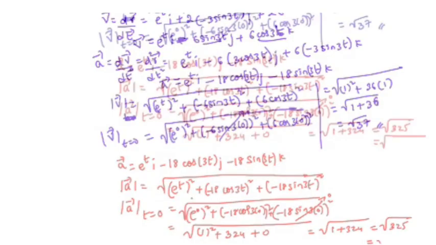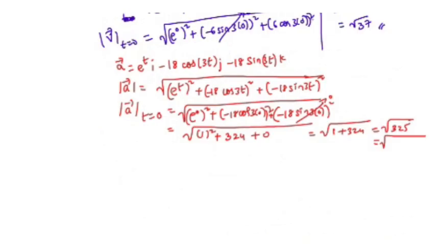The root of 325 can be written as 25 into 13, and the root of 25 is 5, so 5 root 13 will be the magnitude of acceleration at time t equals 0.